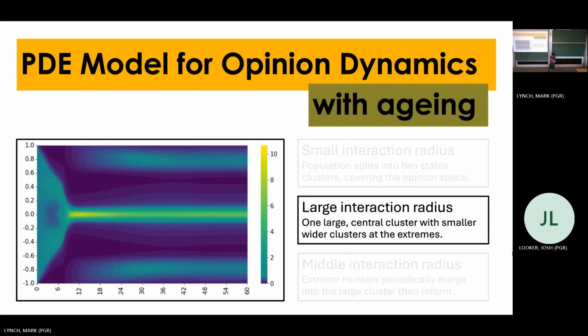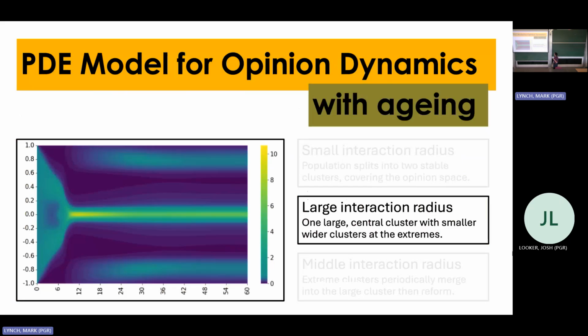But if they join the population with a more extreme opinion, then even though this interaction radius is large, it doesn't cover the whole space. So if you join outside this central area, then these people here form their own more extreme opinion clusters. And this only happens because people are joining the population. If new people didn't join the population, then everyone that started over here does end up in the central consensus. But you get these new, smaller, more extreme clusters emerging because not everyone that joins the population joins this big central group.